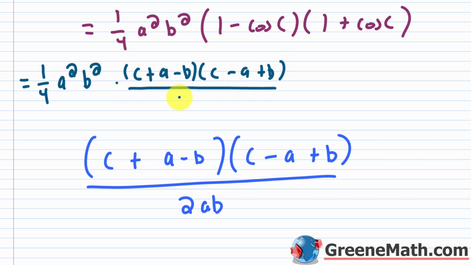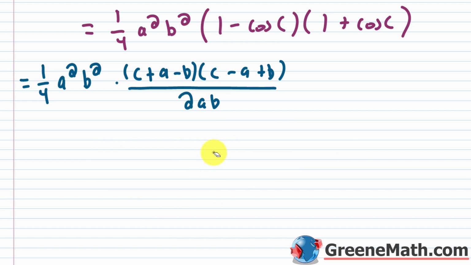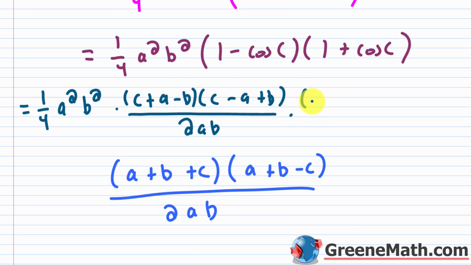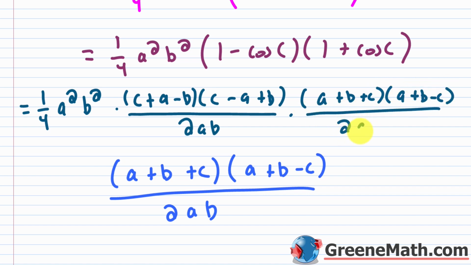And this is over 2ab. Okay, let me get rid of this. The other one we have to grab is 1 plus the cosine of c. So that's going to be this one. So let's go times the quantity a plus b plus c, then times the quantity a plus b minus c. And this is all over 2ab.